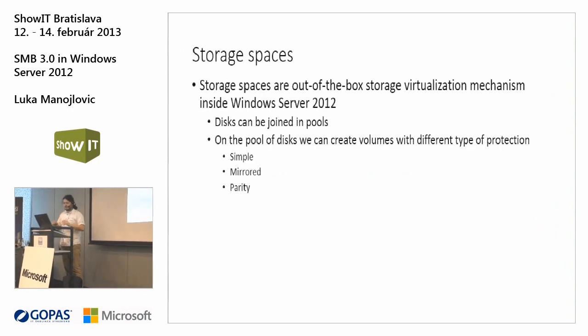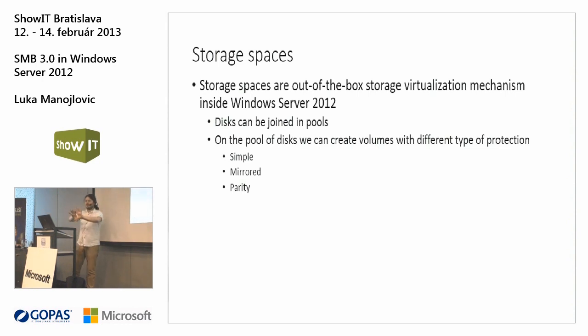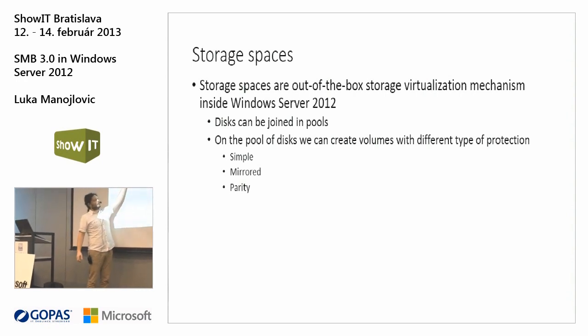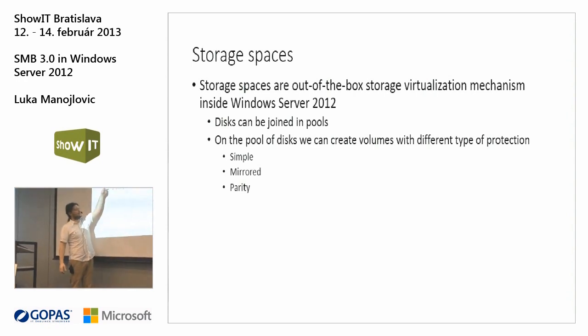Okay, and storage spaces, these can be joined in pools. The pool is created from all the storage you have in your server, for example directly attached storage, iSCSI drives, USB keys, whatever you have, you can plug in and create a big pool out of that. And then you create disks where you can define the type of protection of these new volumes that you are creating.